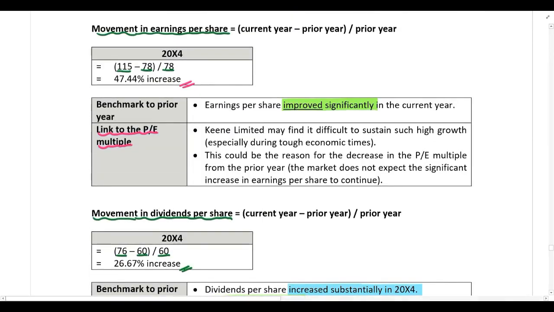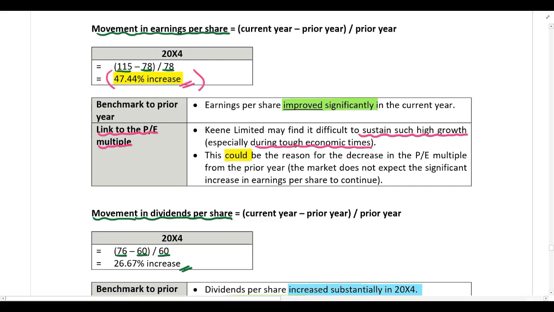Okay, so here's the movement in our earnings per share. We saw that there is a significant improvement in earnings per share from the prior year to the current year. Now guys, during tough economic times, it may be very difficult for Keen Limited to sustain such high growth. This is really very significant growth. During tough economic times, they might not be able to sustain this growth rate.